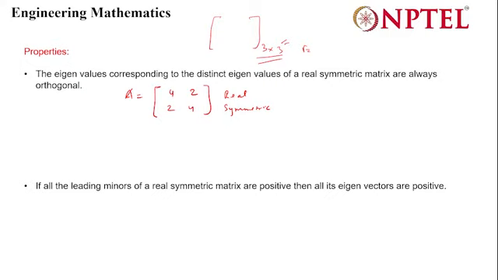If you calculate the eigenvalues, it will come something like 2, 6. So what they are saying is that the eigenvectors corresponding to the distinct eigenvalues of a real symmetric matrix are always orthogonal. What is the condition for orthogonal?